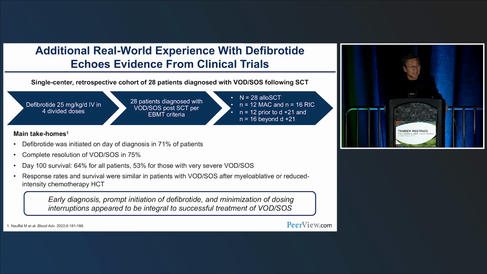If you think about the retrospective data with defibrotide, the CR rate was in the mid-30s. 100-day survival was 64% for all patients and 53% for those with severe VOD SOS. And the response rates were similar whether they had myeloablative or reduced-intensity conditioning. So the gist of this article was to push early diagnosis, to start defibrotide early, and to try to minimize dosing interruptions if you can, so that you can successfully treat this problem.